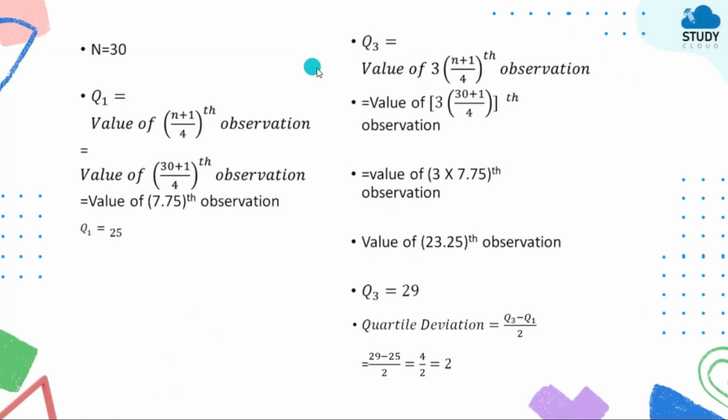Then next is quartile 3. So value of 3 times (n plus 1) upon 4th observation. So here 3 and open the bracket, (30 plus 1) upon 4th observation. When you solve it, you get 3 multiplied by 7.75. When you multiply both these values, you get 23.25.